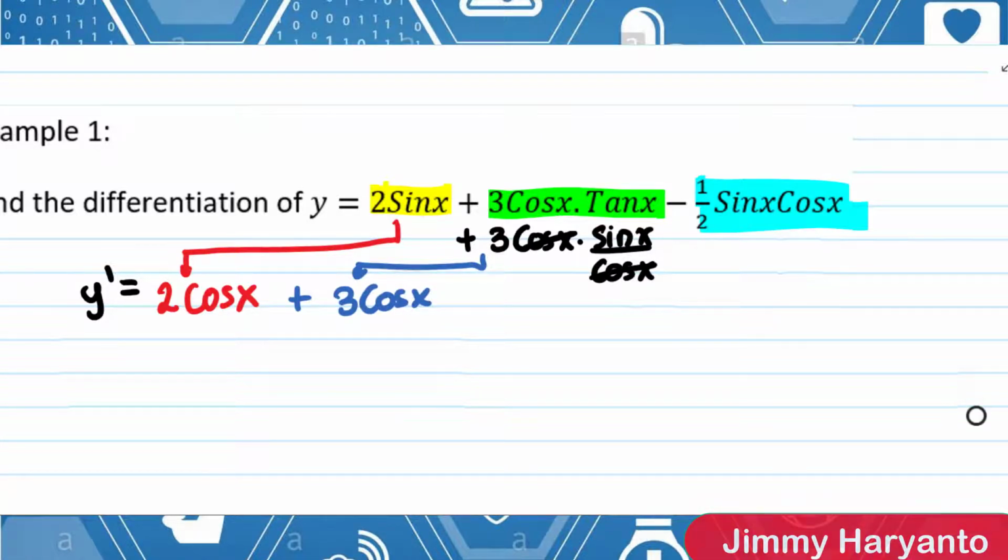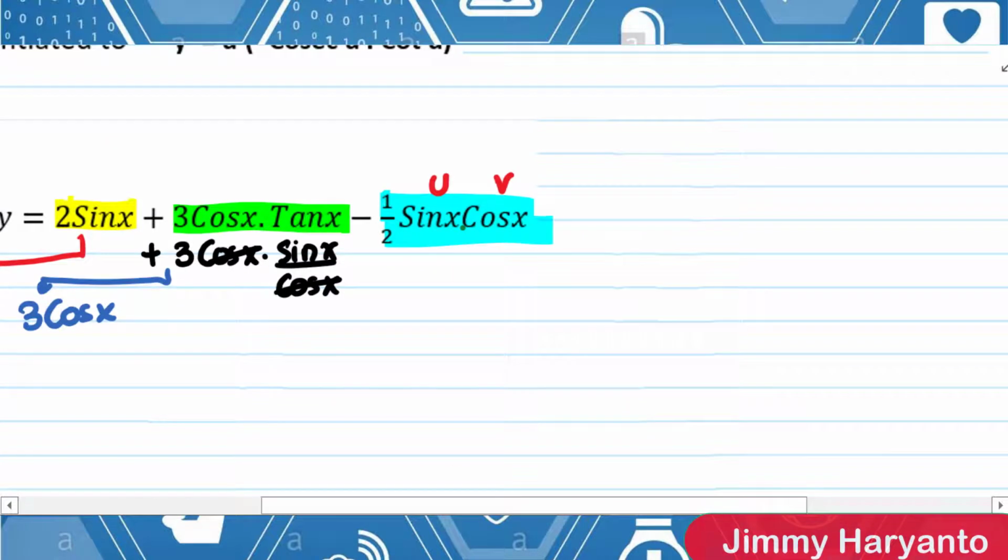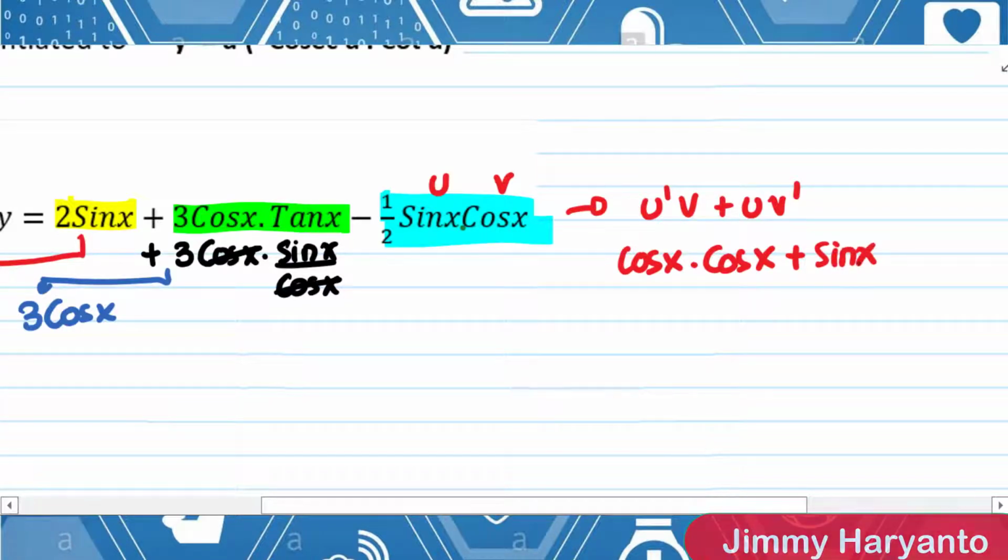Okay, next is this one, the blue one. We know that we cannot multiply sine x and cos x, right? That means we have to use u times v right here. Let's go, guys. U accent v plus u v accent. U accent from sine will become cos x times the v, the v is cos x, plus the u is sine x, and then v accent is negative sine x.